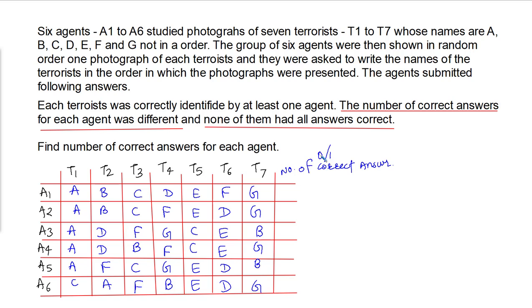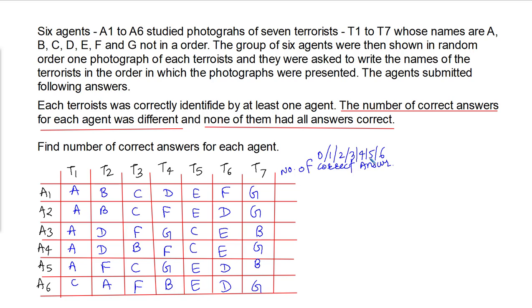If it is 0, it means there is an agent who did not identify any of the terrorists correctly. 1 means there is an agent who identified exactly one terrorist correctly. 2 means there is an agent who identified exactly 2 terrorists correctly, or 3 or 4 or 5 or 6. There is no agent who identified all the 7 terrorists correctly.